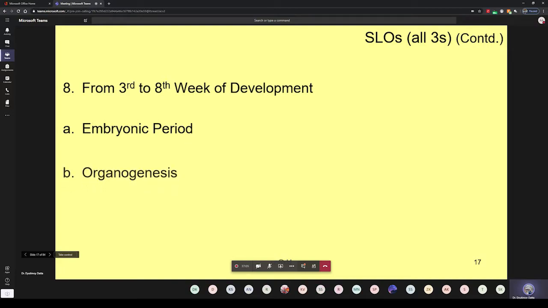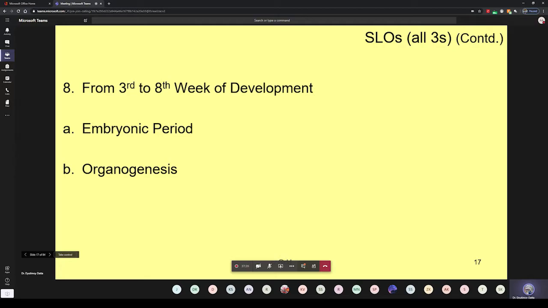Why are we again talking about this? You see the word organogenesis. All these words are related to this third to eighth week of development. Now, please note, when I say organogenesis, it is not blindly organogenesis. Cells form tissues, tissues form organs. So even the tissue genesis, formation of tissues, and only the collection of different types of tissues are going to form organs, right?